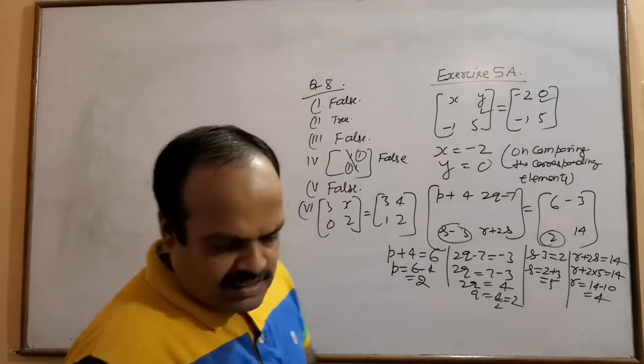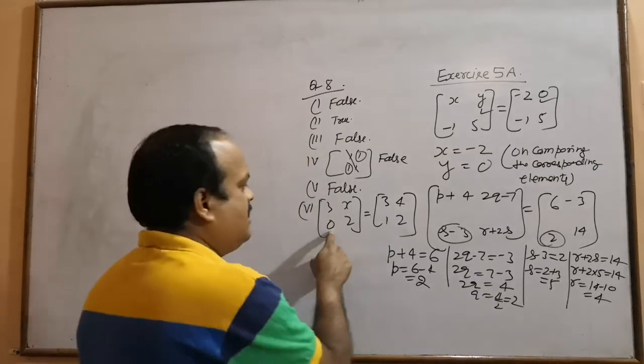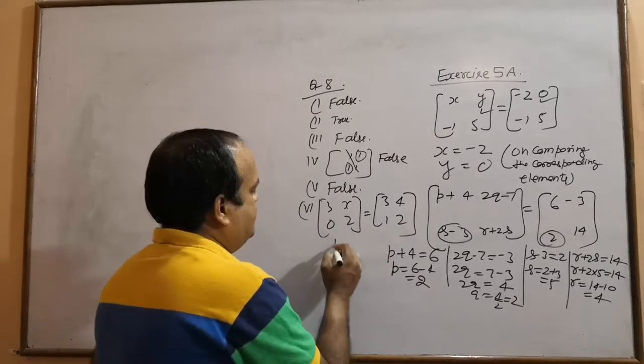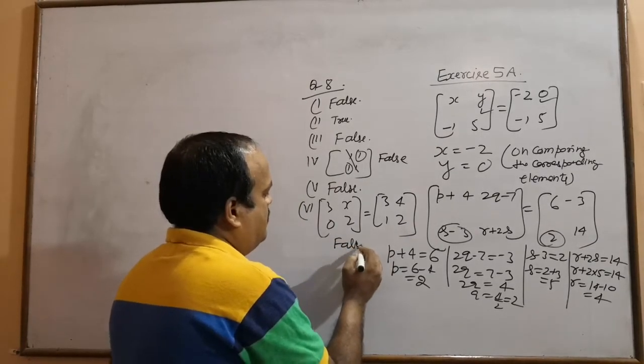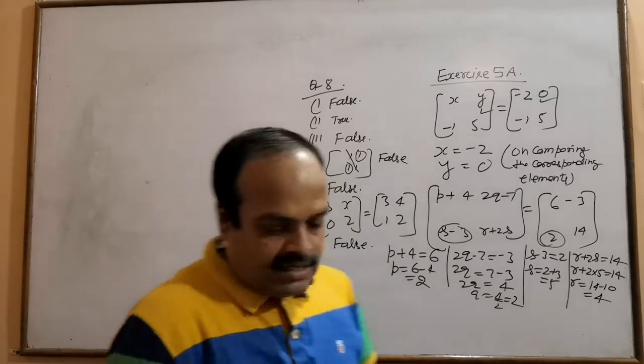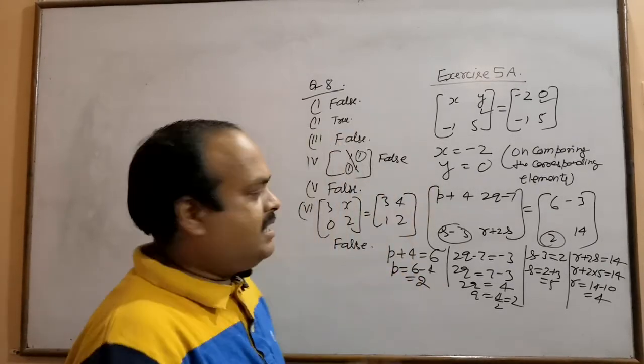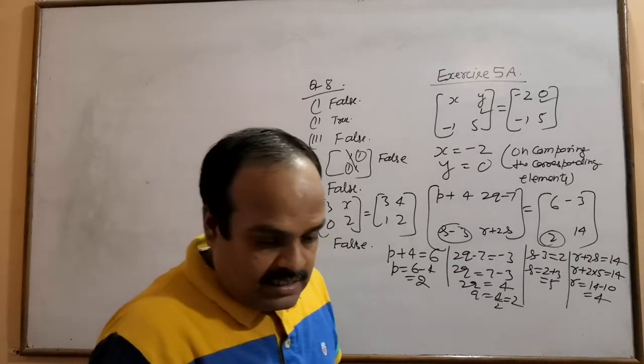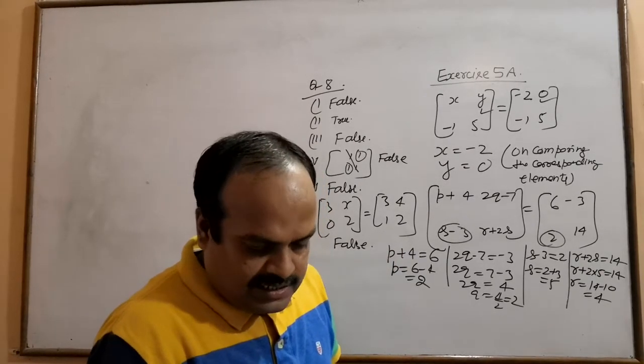How can these be equal? It is written 0 here and 1 there. False. These matrices are not equal because their corresponding elements are not equal. So the sixth is also false.